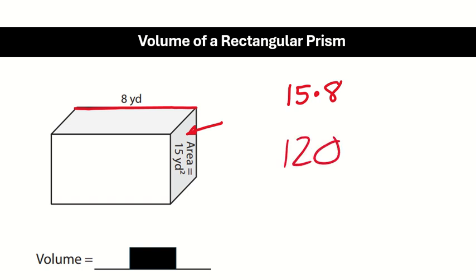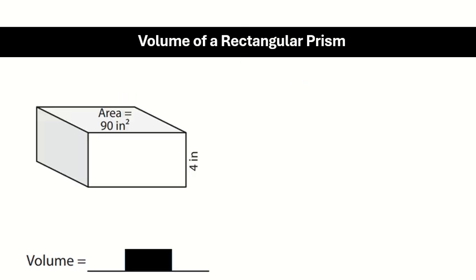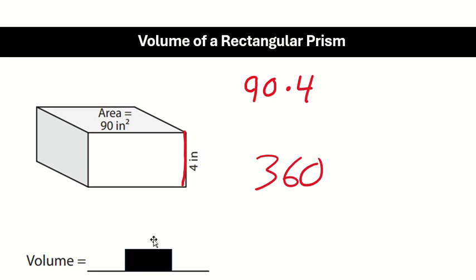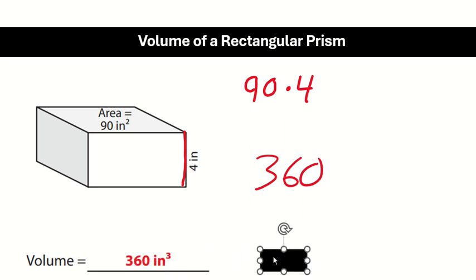So we're talking 120 yards cubed. And just to drive this point home one more time, we have an area of 90, and we're going to go ahead and multiply that by a height of 4, and 90 times 4 is going to give us 360, so it should be 360 inches cubed.